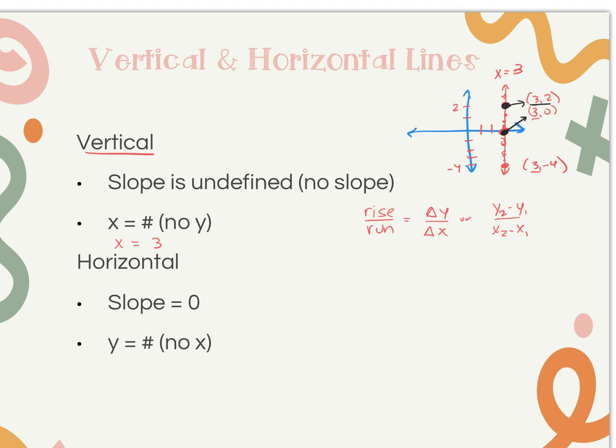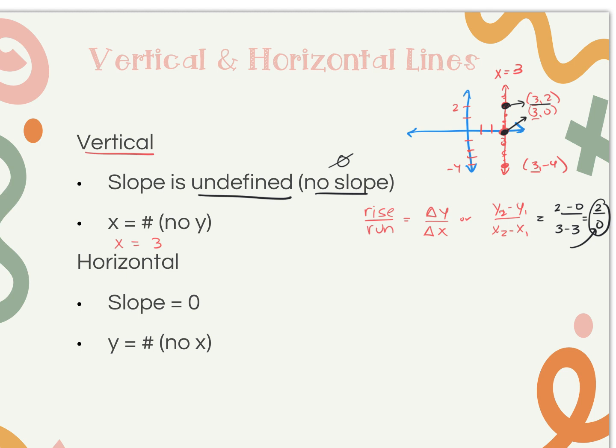So the change in y's goes from 2 to 0, and the other one is 3 minus 3. And so I'm like, oh, 2 over 0. Well, guess what? Can you have 0 in the denominator? No. Remember that 0 in the denominator means an undefined value. And so when you have a vertical line, it's undefined, or we can also say it has no slope. Either word is fine. I prefer to say undefined, but it's either way.